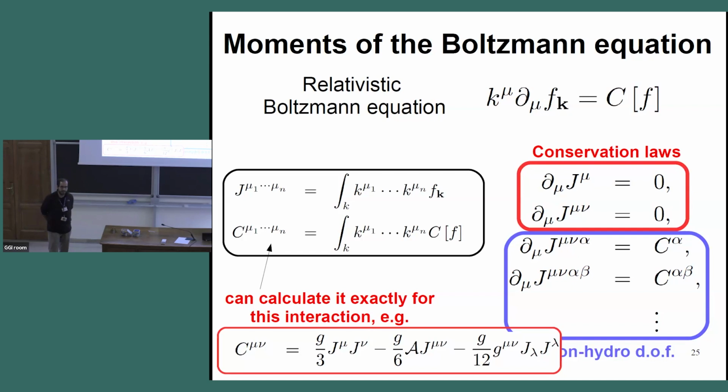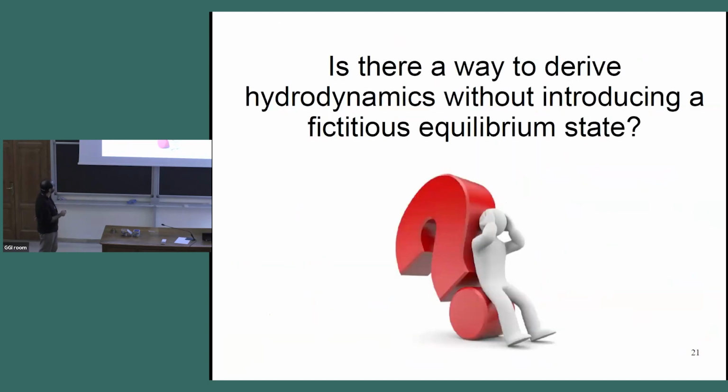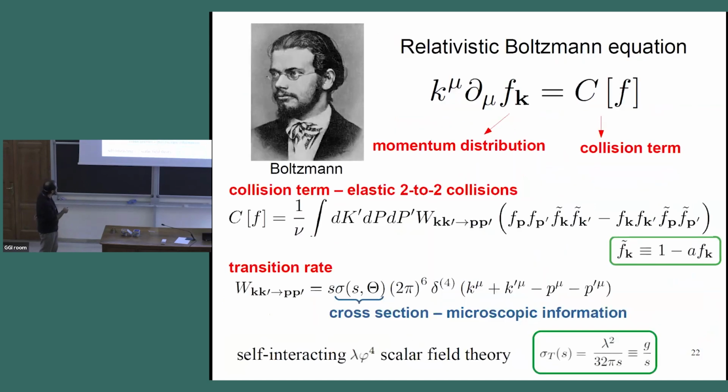Let me see if I wrote it here. Oh no. So here, this S times this becomes a constant if I choose this interaction, right? In the non-relativistic example, this is like the relative velocity which enters in the Boltzmann equation.